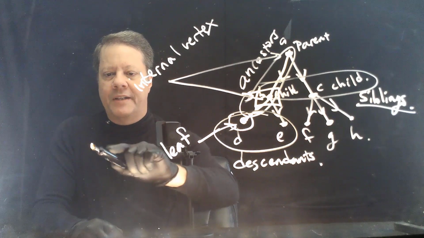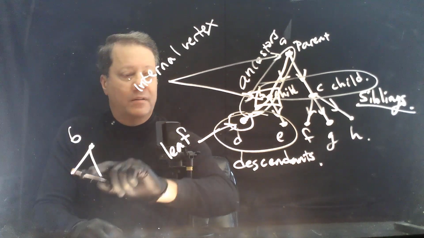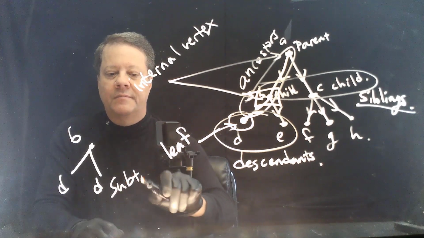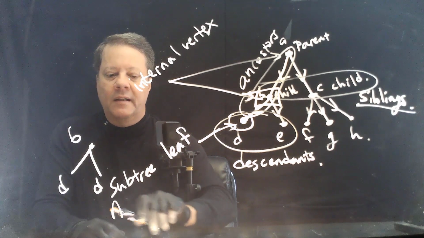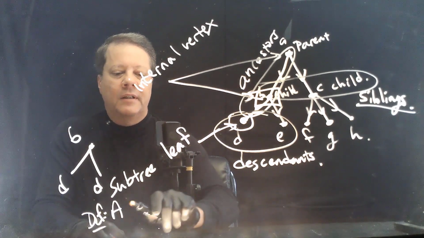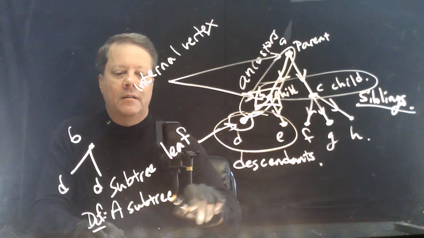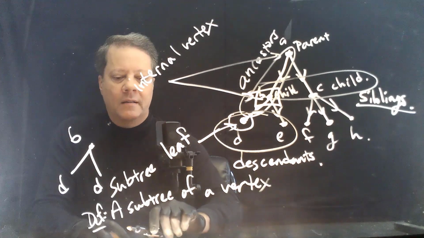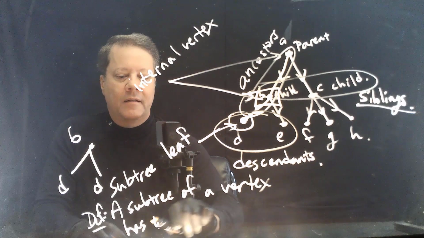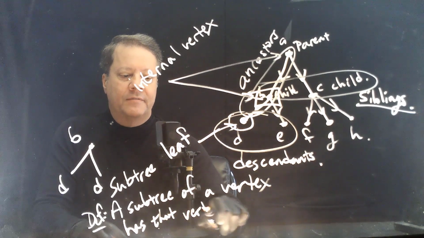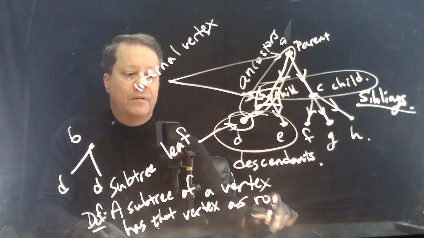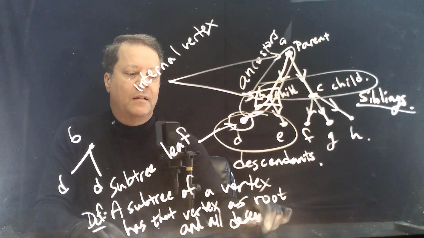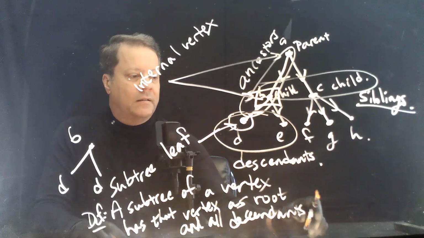We can form subtrees. If this is B with D and E, so this is a subtree. So this is our definition: a subtree of a vertex has that vertex as root and all descendants of that vertex.